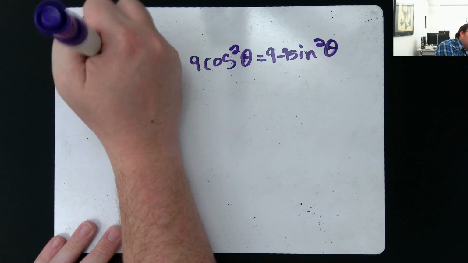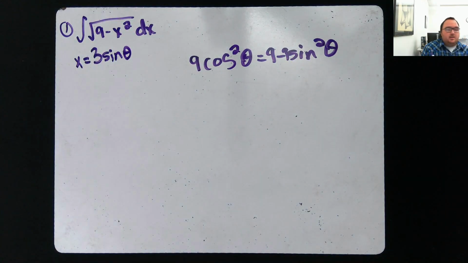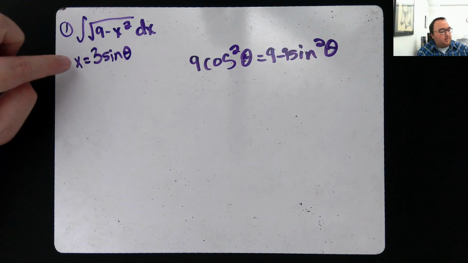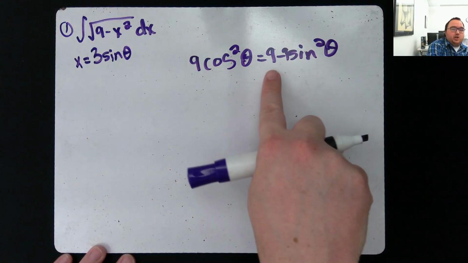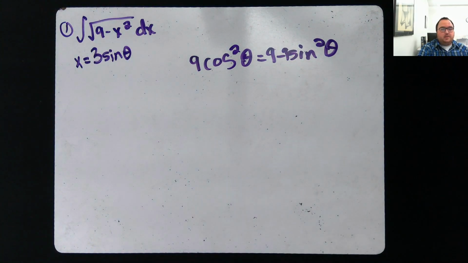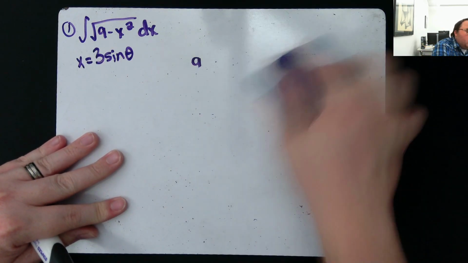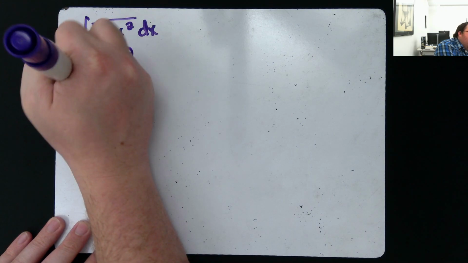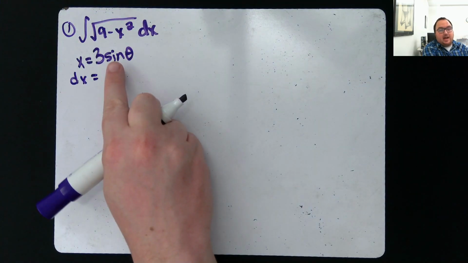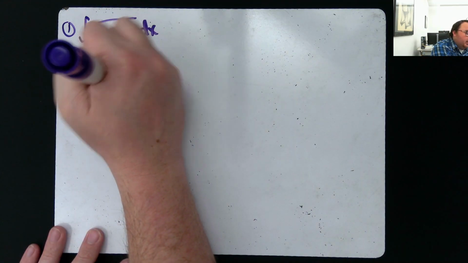So I'm going to let x be equal to 3 sine theta. Again, because whenever I plug this in for x, it would be 9 sine squared, which means I can use this rule. Okay, so let's do that. Oh, and then also dx, the derivative of 3 sine is 3 cosine.